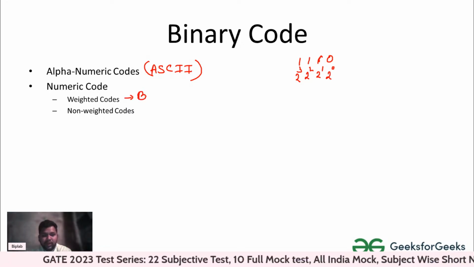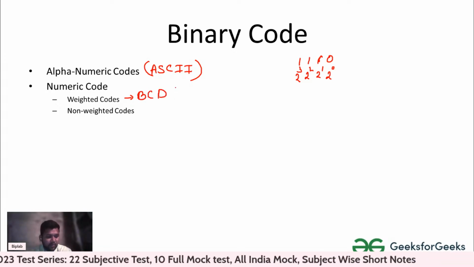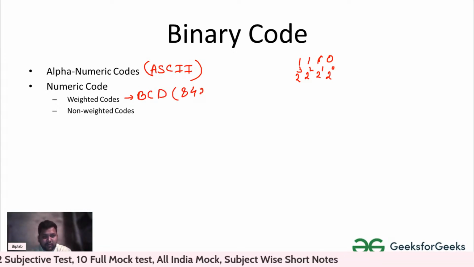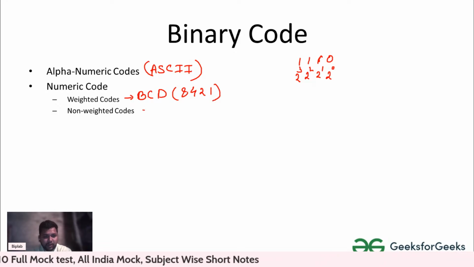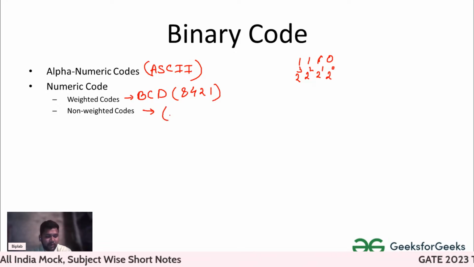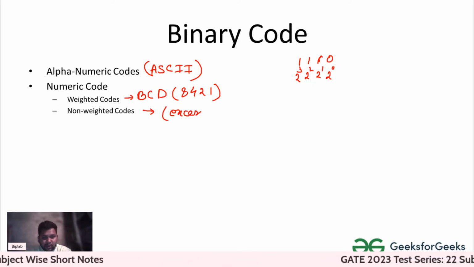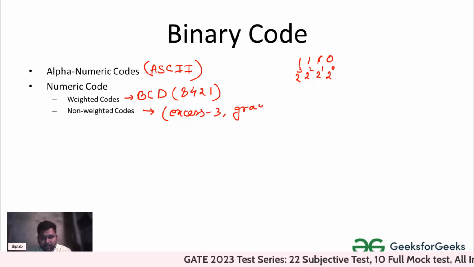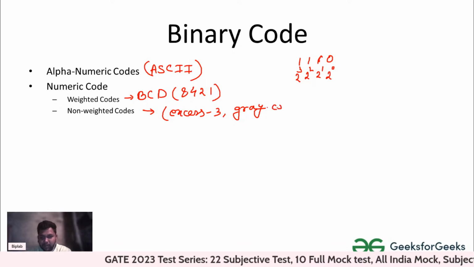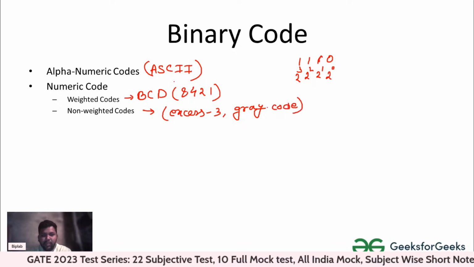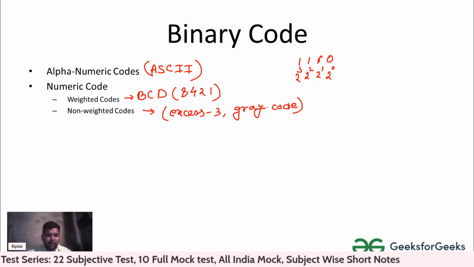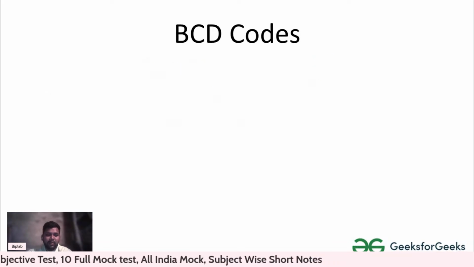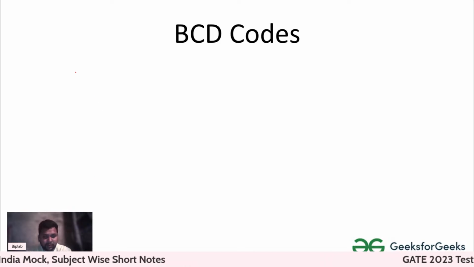Also there is BCD, also called 8421 code, and you have non-weighted codes, that is XS3 and gray code. We will learn them one by one. For ASCII you don't have anything to learn, so let's start with BCD code.